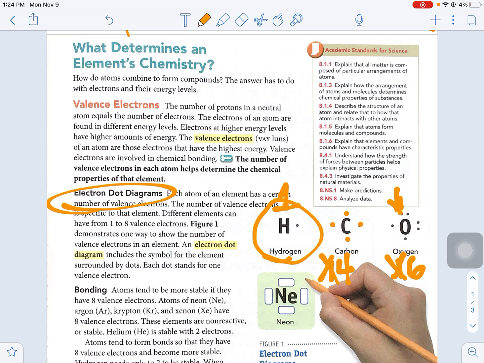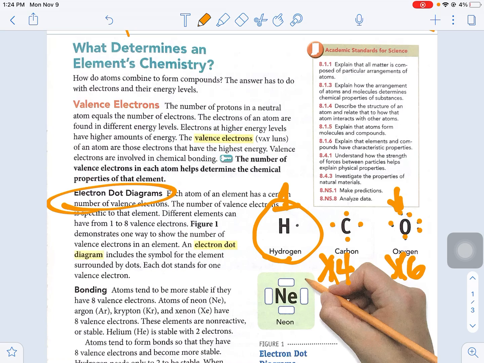So I would put 1 here, 1 there, 1 there, 1 there, and that gives me 4, and so I know I need more. So we pair it up after that. That's 5, and there is 6. If it were to be 8, we would go ahead and pair up at the next 2 places. So that right there is oxygen's electron dot diagram.